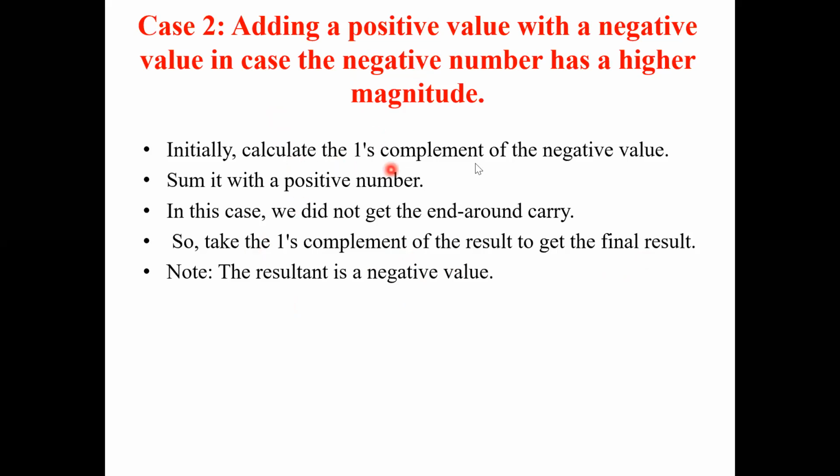Calculate the ones complement of the negative number. You add it with the positive number. Here you will not get a carry. So what then, you will again take the ones complement of the result. You get the final answer and that answer is a negative answer. So simply add a minus sign, or you can just write down this sentence: the answer has a negative value.